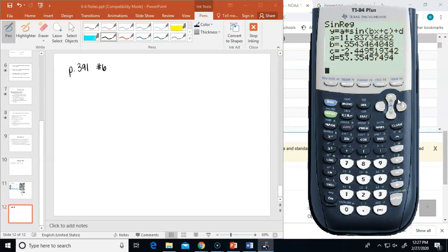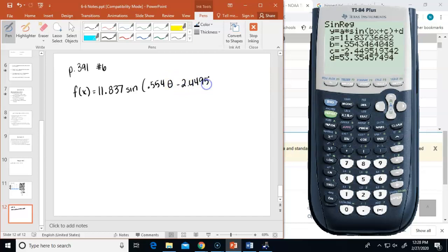Okay, so I'm going to write that down. So our f of x equals 11.837 sine of 0.554 theta or x, whichever one you want to use, minus 2.44.